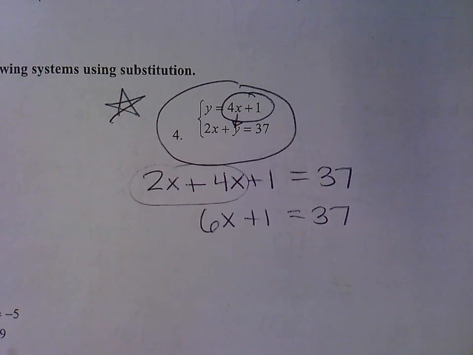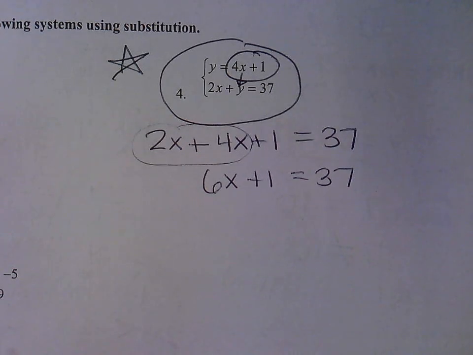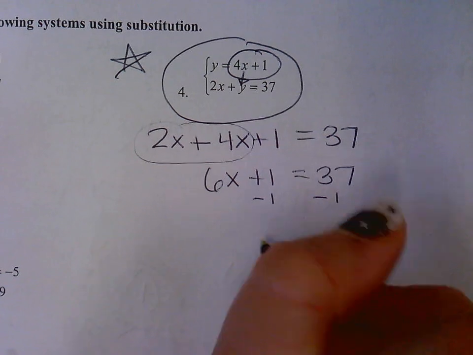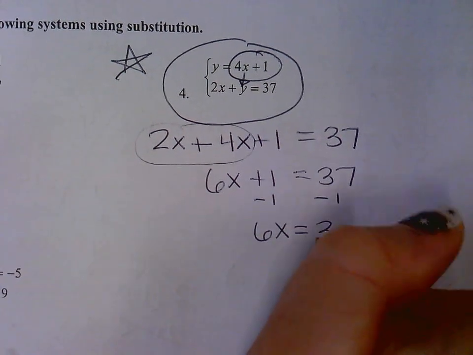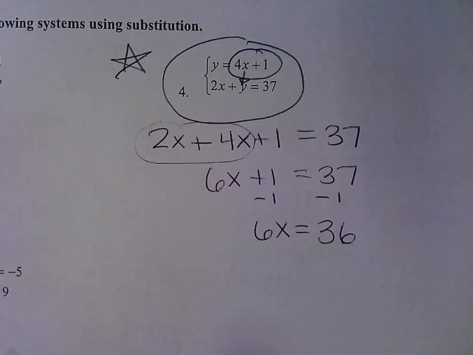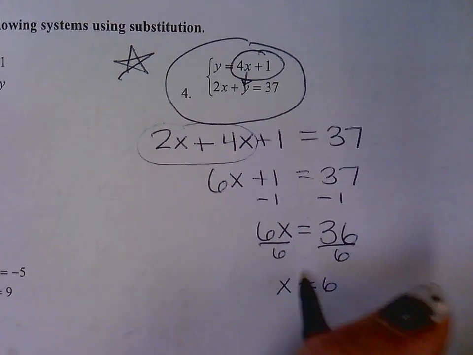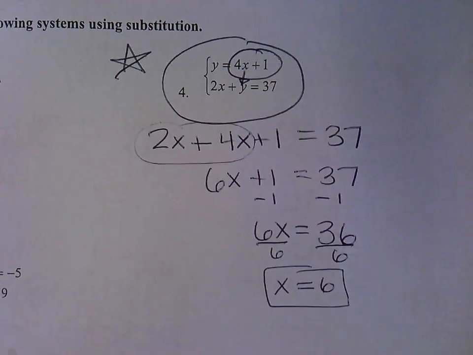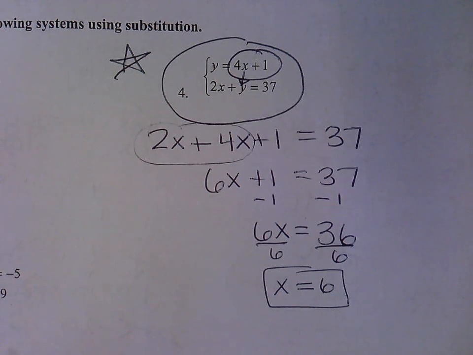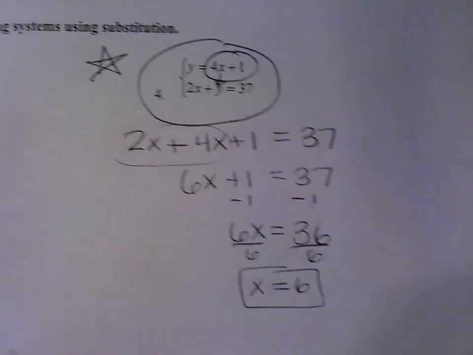And a lot of you got all the way through this problem. You subtracted 1 to the other side, so 6x has to be 36. And you divided by 6 nicely to get 6. If you stopped there, you didn't do the second half of the problem, right? You have to get x and y to get the full solution for the intersection point.